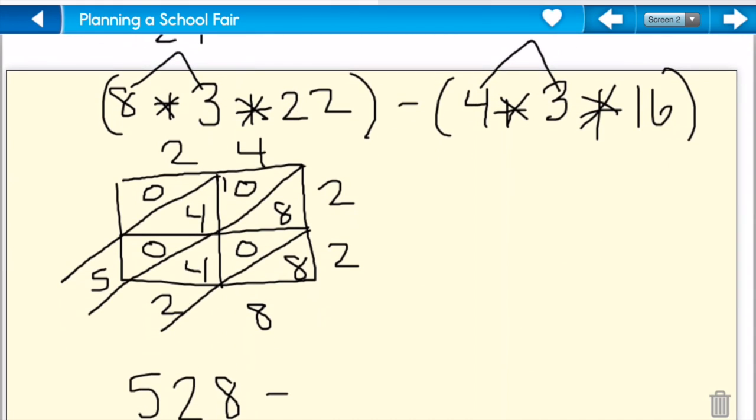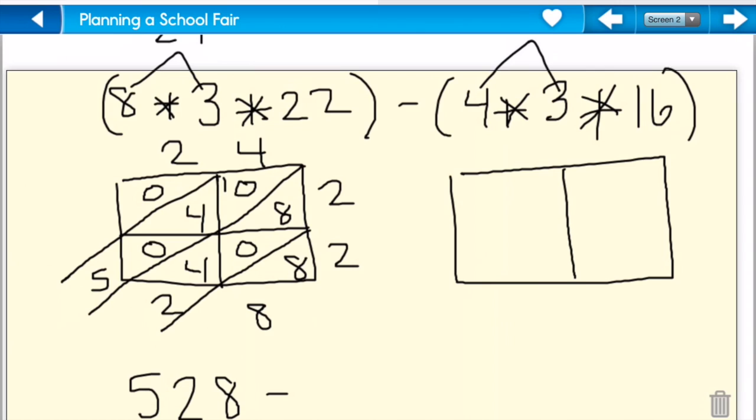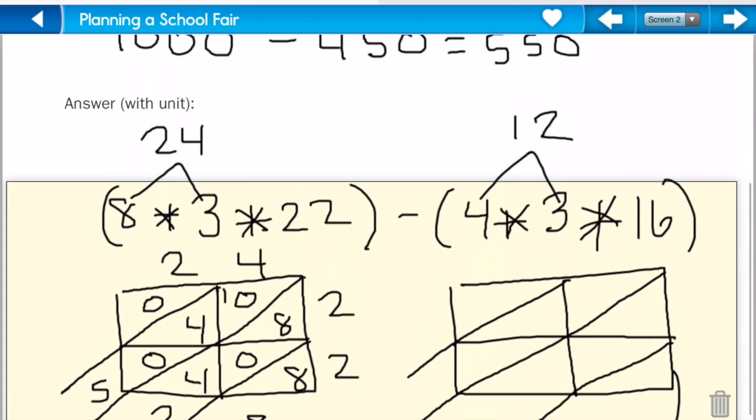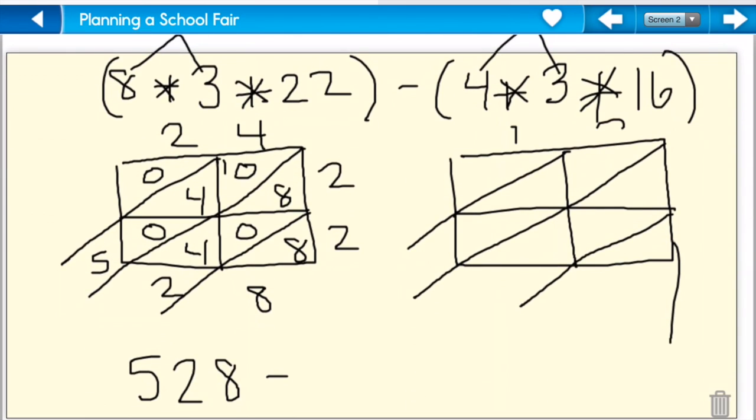Okay. Now let's do our second lattice box. Draw it. My numbers are 12 and 16. Okay. So 2 times 1 is 2. 2 times 6 is 12. 1 times 1 is 1. And 1 times 6 is 6. Right? Now I'm going to add these up again.